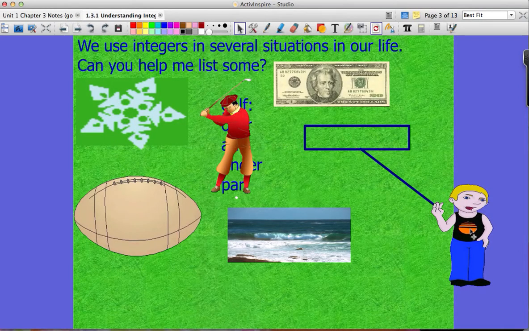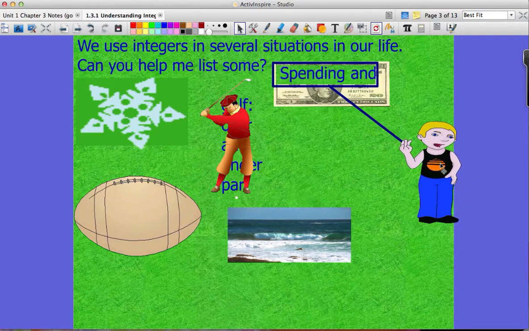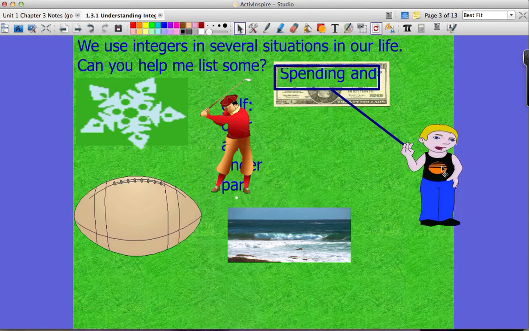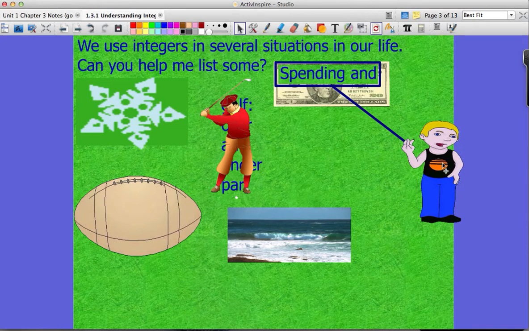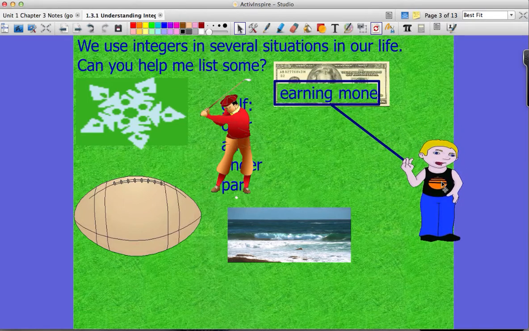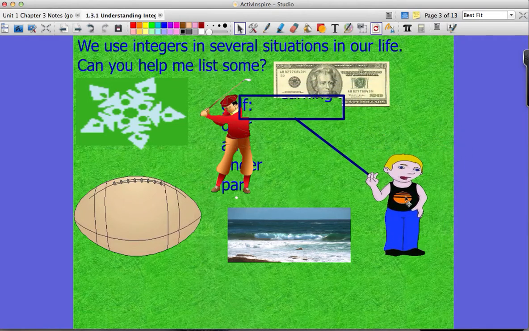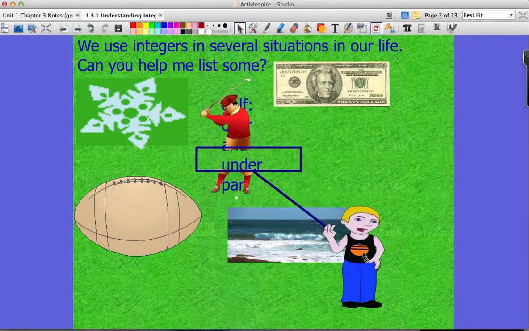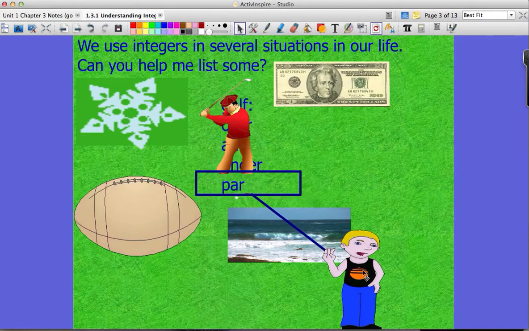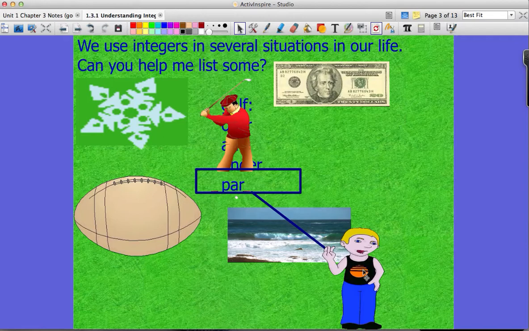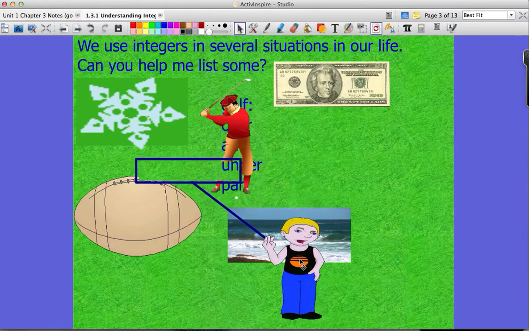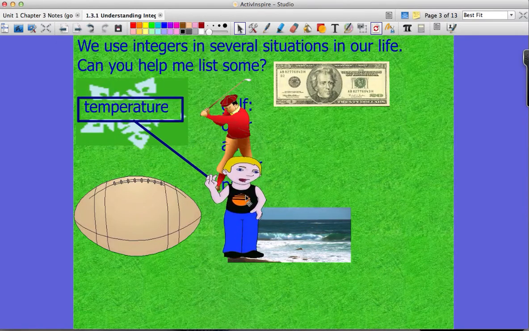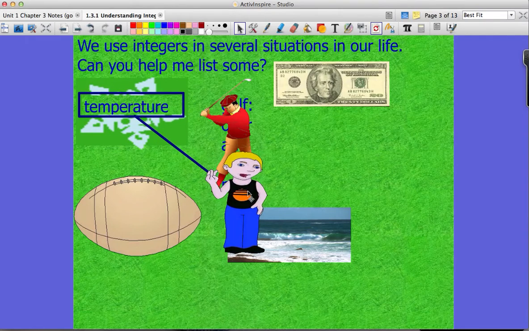Right, so in real-world situations, we use integers a lot. We use integers when we talk about spending and earning money. So spending money would be a negative, earning money would be a positive. With golf, we talk about over and under par. So if you shoot a negative 10, you shot 10 under par. Temperature, we talk about above 0 or below 0.